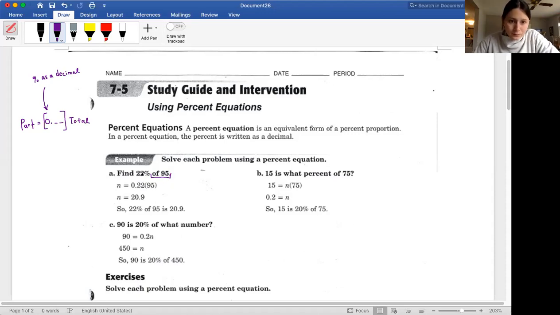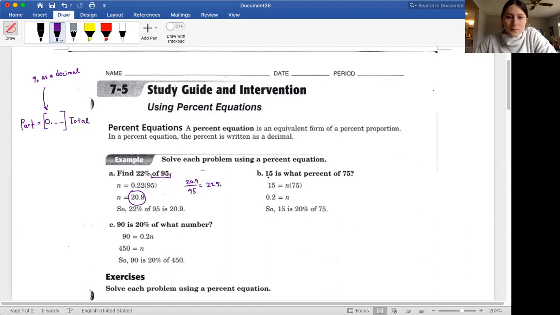We're turning 22% into a decimal, so it's 0.22 times 95. You can plug this in your calculator, and the answer is 20.9. So if I were to turn this into a fraction, I would say 20.9 out of 95 is 22%. That's really what you're describing here.